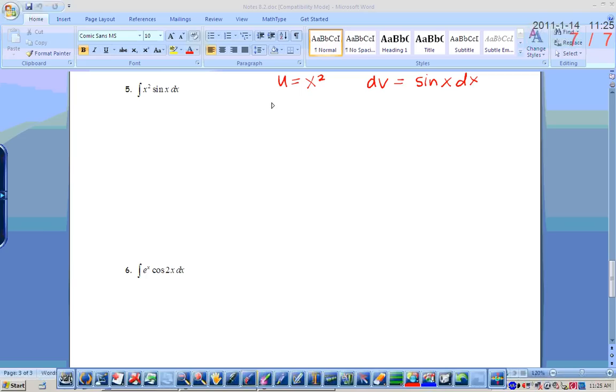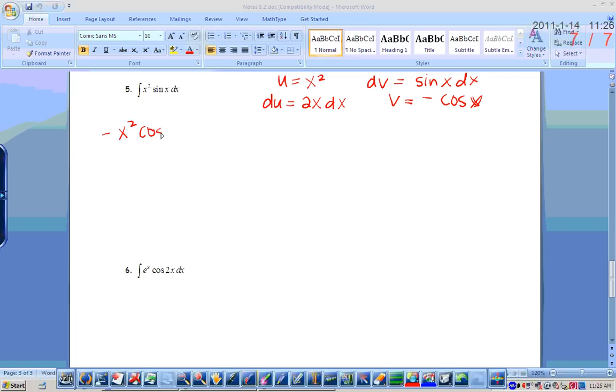Okay, so what's the next step? Okay, du is 2x dx. No, we're just taking the derivative, not integrating, so we don't need a 1/2. And v is going to equal negative cosine x. All right, uv minus super voodoo.